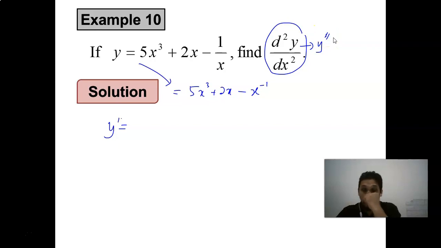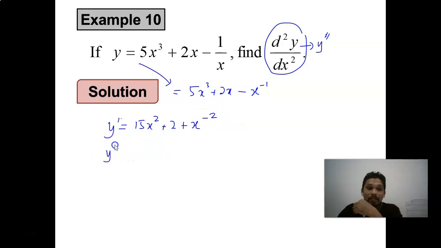So this is the first derivative here: 3 times 5 equals 15x squared plus 2 minus, negative 1 multiplied with negative becomes positive, x to the power of negative 1 minus 1 equals negative 2.